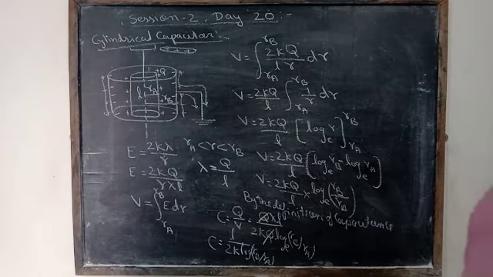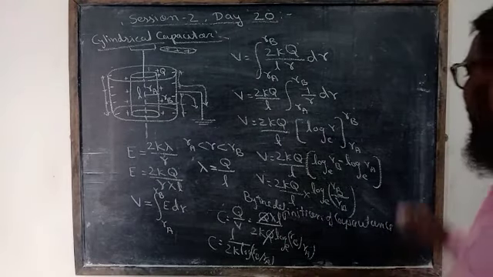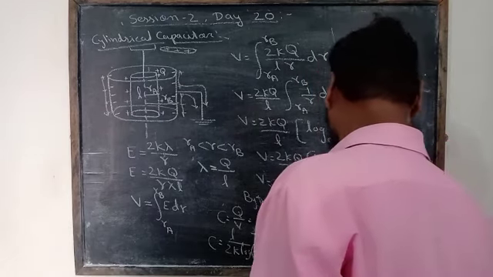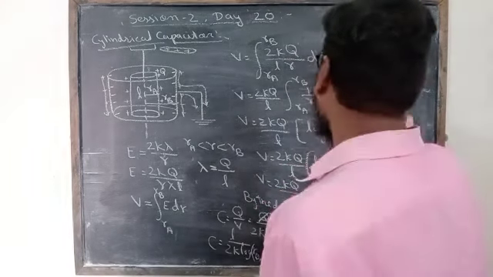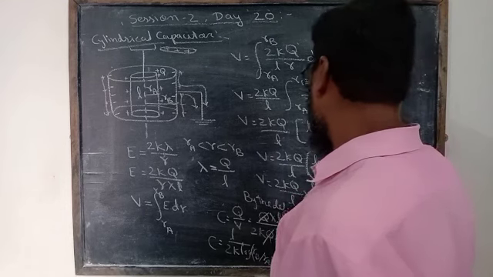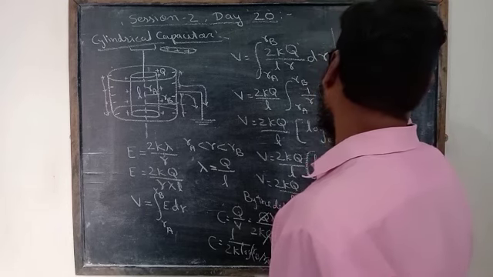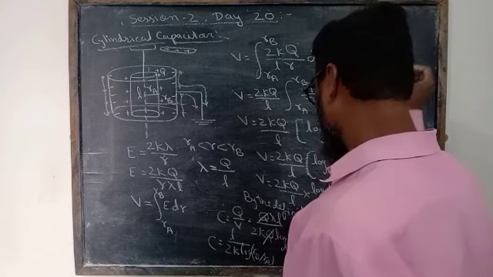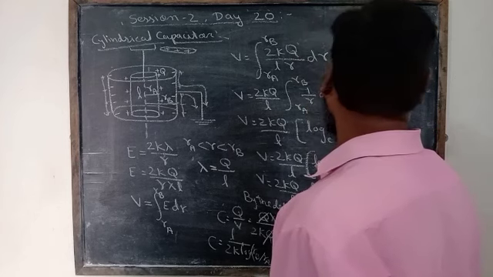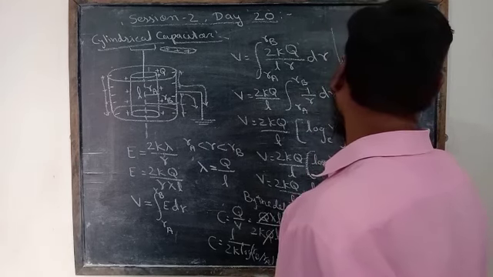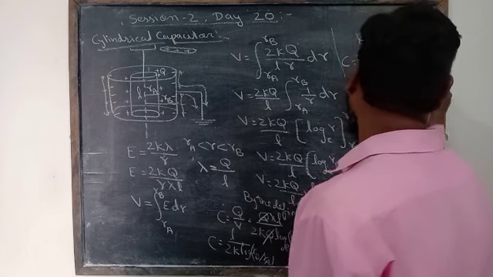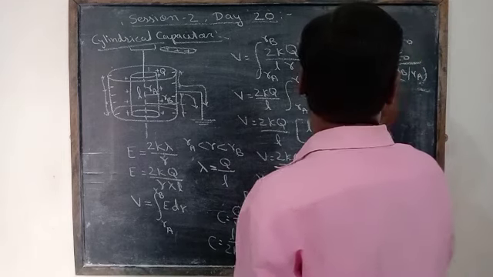If we want to put the value of K, we know that K is equal to 1 upon 4 pi epsilon naught. So the value of C is L into 4 pi epsilon naught upon 2 log base E RB upon RA. 2 and 2 cancel out.